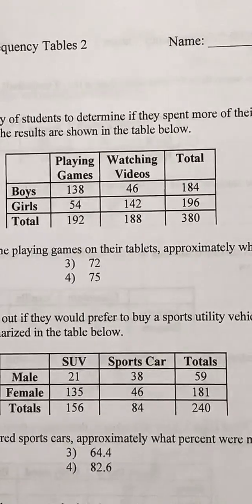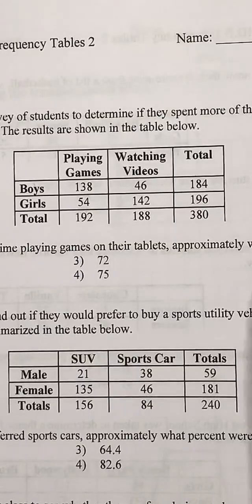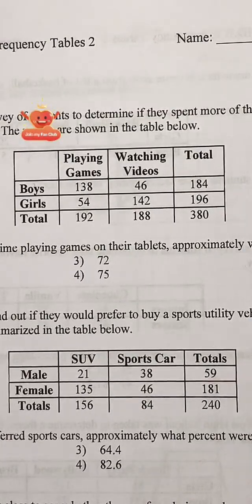Here's the situation, and I'm just going to give you the table. A middle school conducted a survey of students to determine if they spend more of their time playing games or watching videos on their tablets. The results are shown in the table below.